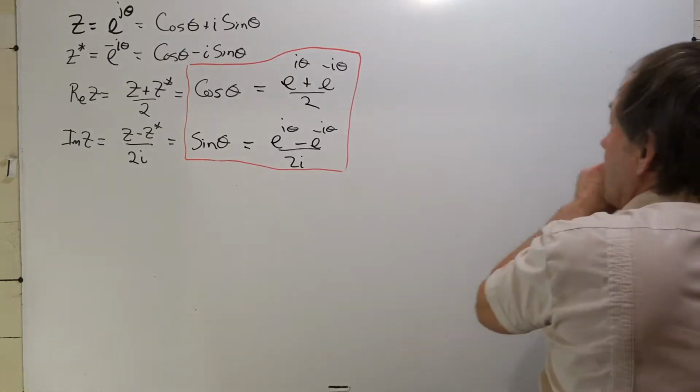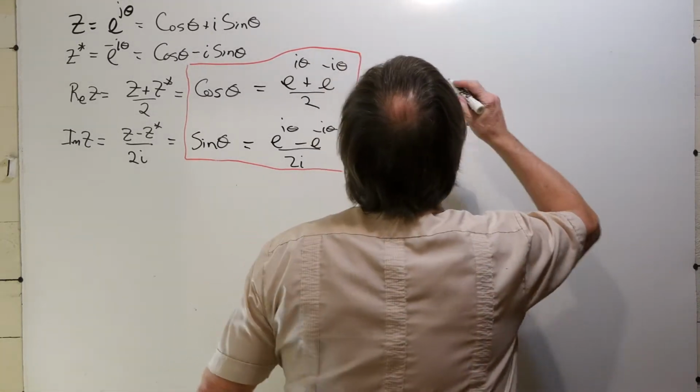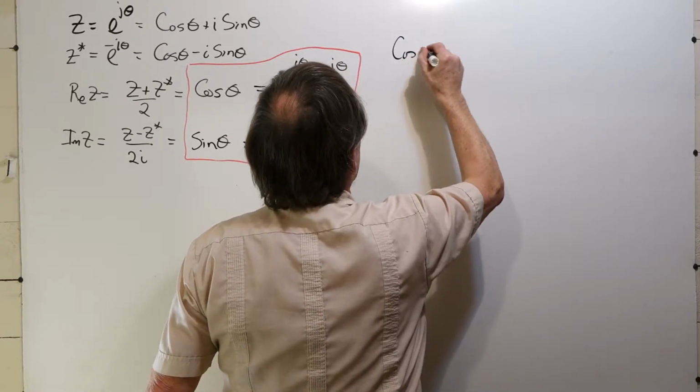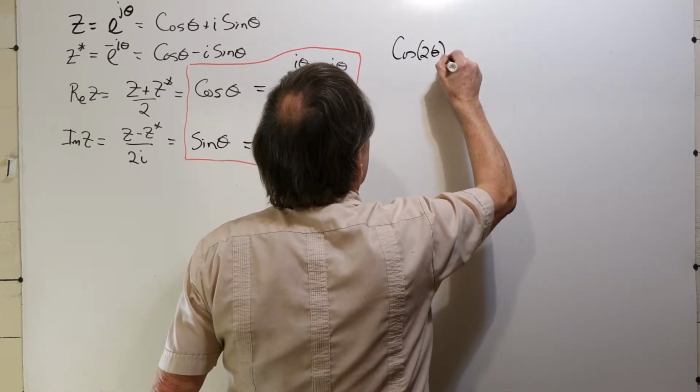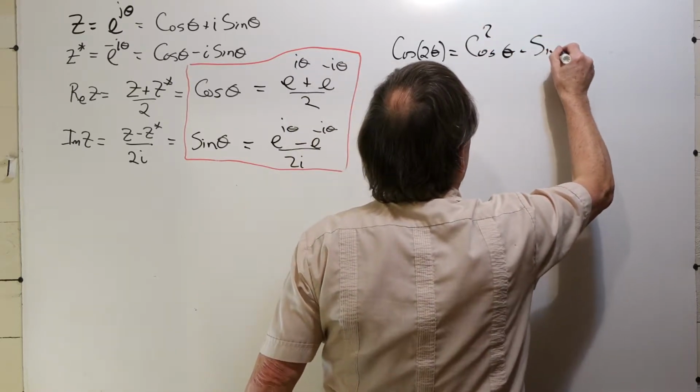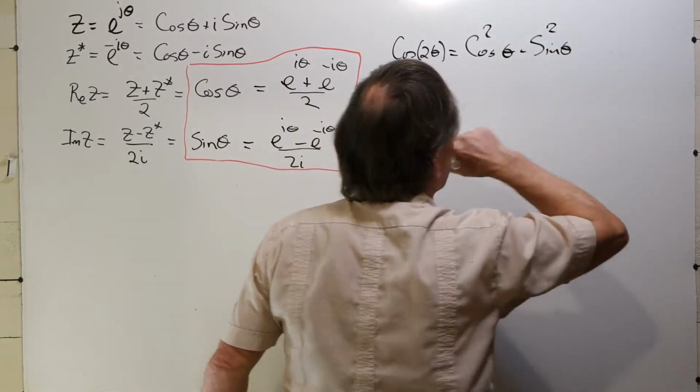Okay, now we had that the cosine of 2 theta is the cosine squared of theta minus sine squared theta.